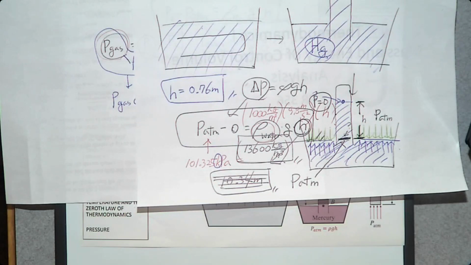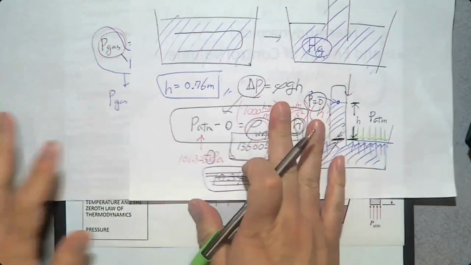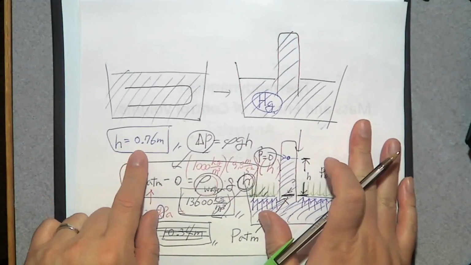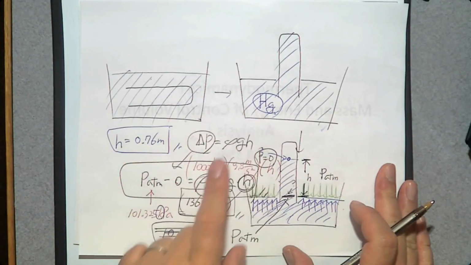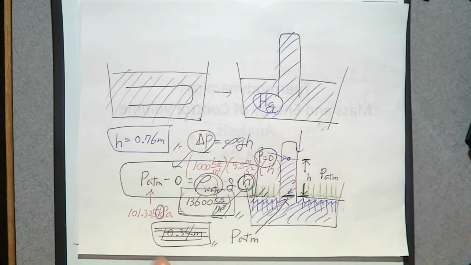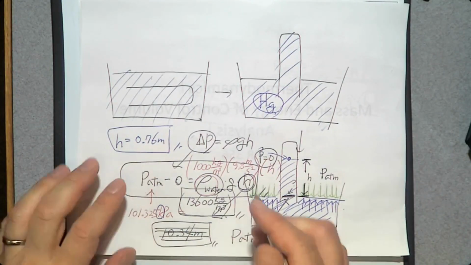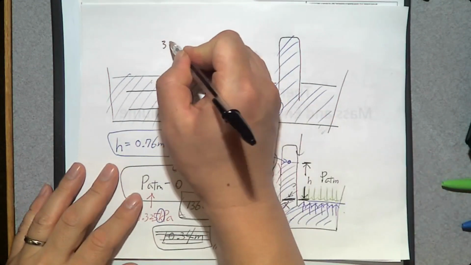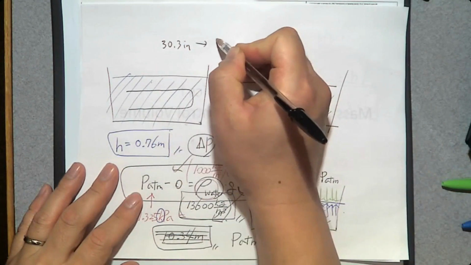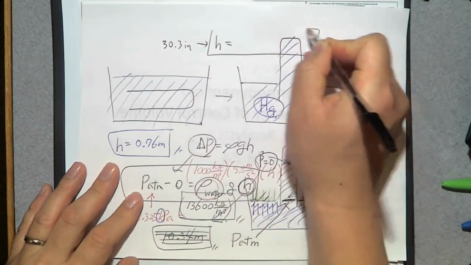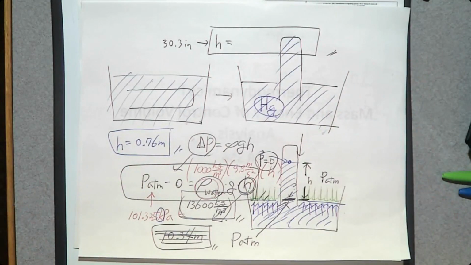Then going back here, according to this calculation, when the atmospheric pressure is 101.325 at sea level, h should be 0.76. Then what is 30.3 inches in meters? One inch is 2.54 centimeters.